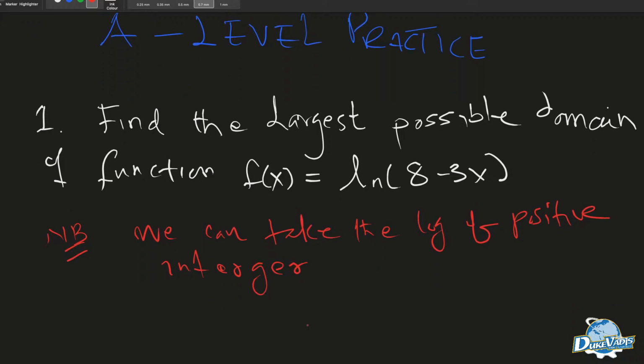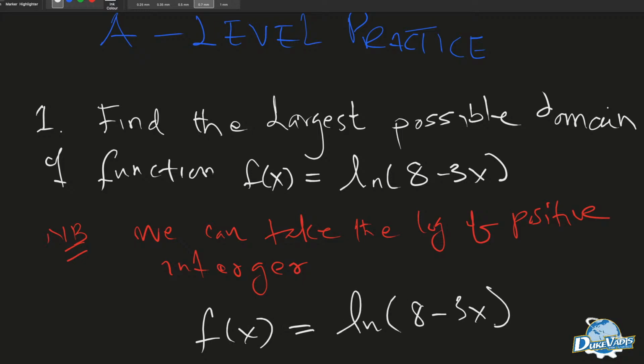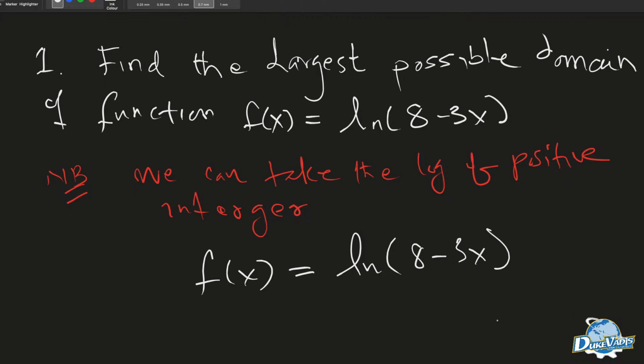The question says the function f of x is given as natural log of 8 minus 3x. We should find the possible domain of the function.